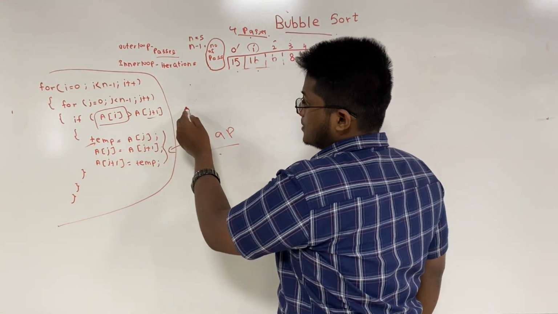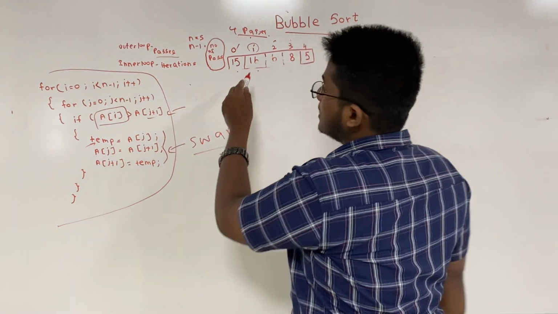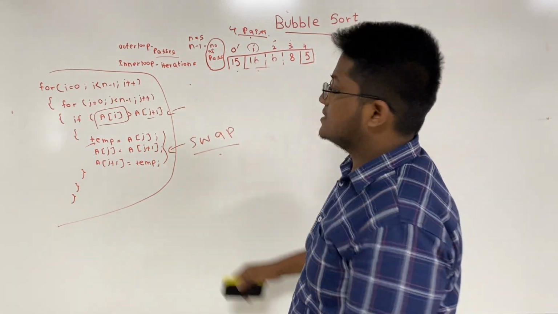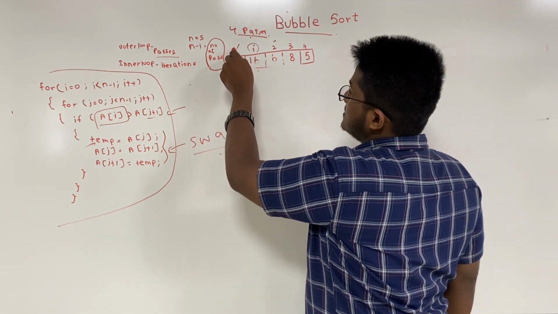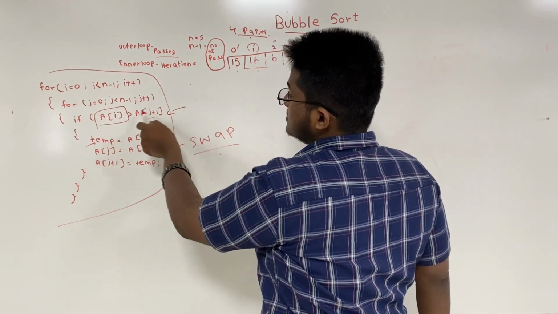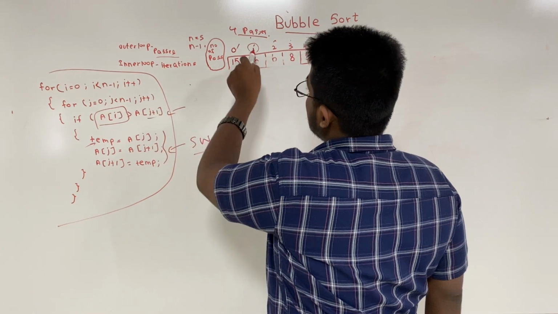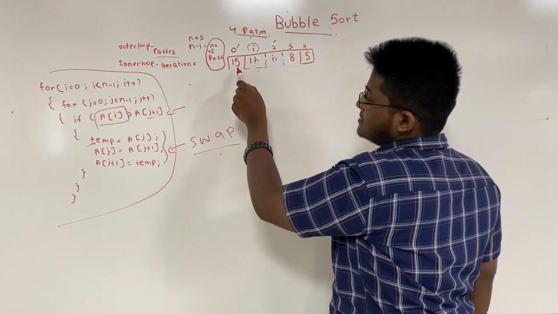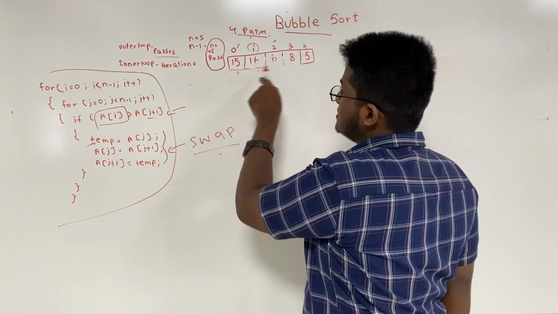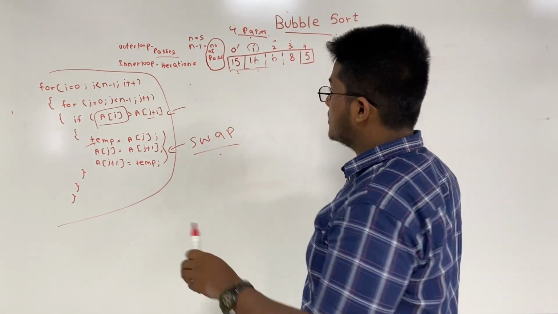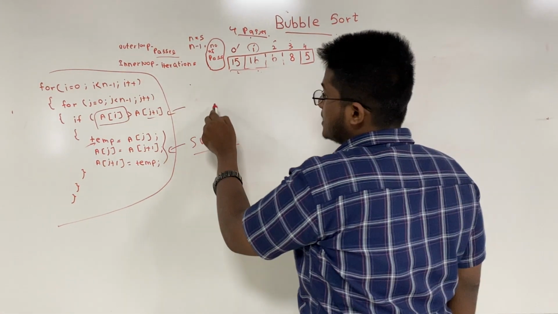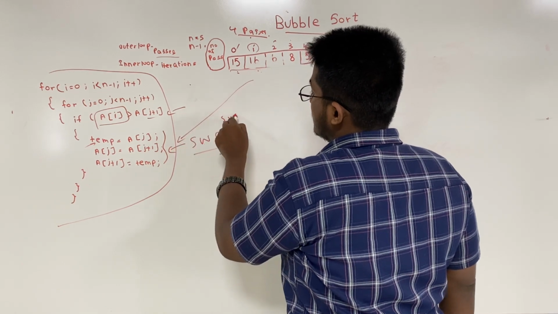And then we are putting a condition here: A at j, right, is greater than A at j plus 1. j is 0, and j plus 1, 0 plus 1 is 1. Is this greater than the next element? In this condition, this is false, so the swapping will not happen. And in this condition, it will be true, and this swapping will be done, right?